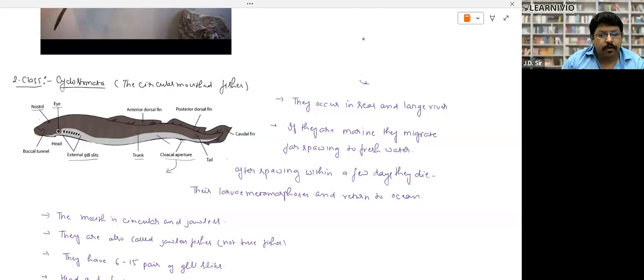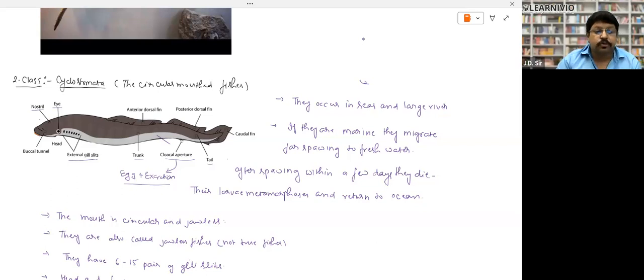This is the opening for egg laying, egg plus waste material or excretion, right? There is no separate opening. The opening is the same for excretion as well as for egg laying. That aperture is called cloaca. Is it clear? They have a tail.